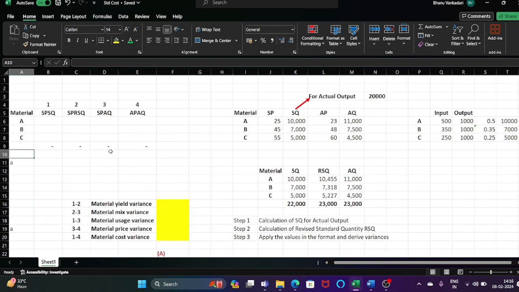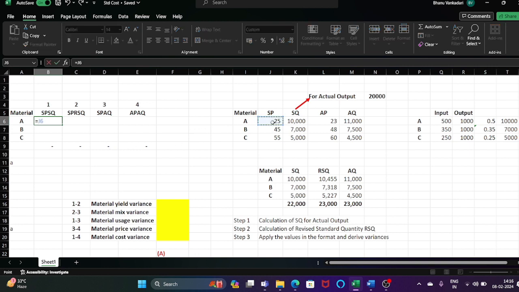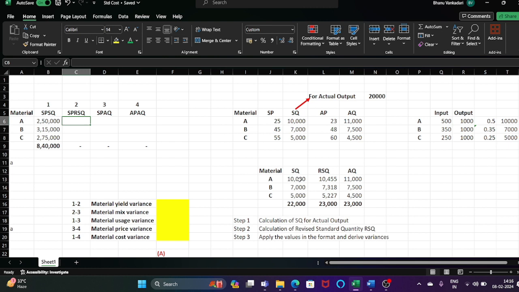So you have to apply the values in the format. SP SQ: standard price into standard quantity. Standard quantity we have. Next, SP RSQ. Standard price is this. Revised standard quantity is this.